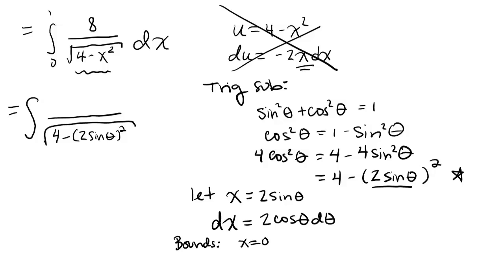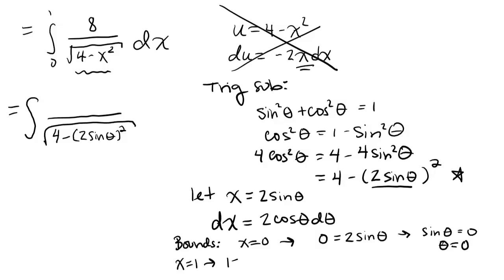Well, x was 0. So really what this means is that 0 equals 2 sine theta. So what we're looking for is a theta that makes sine of theta equal to 0, and we're going to pick an appropriate value for that. The smallest non-negative value would be theta equals 0. Taking a look at our upper bound, we want x to be 1.